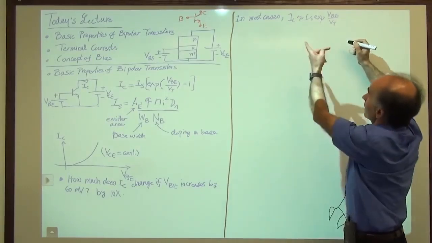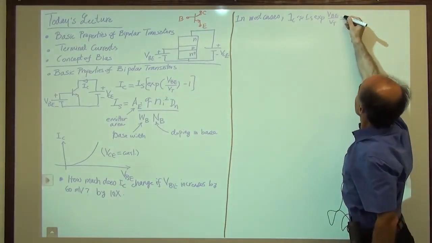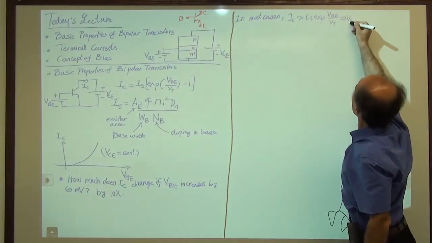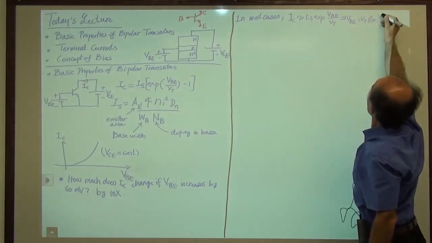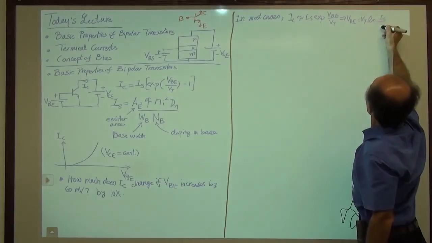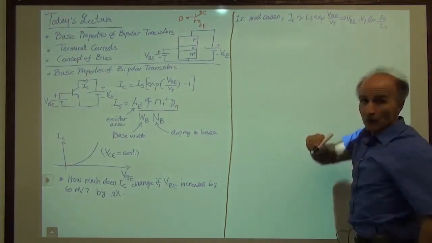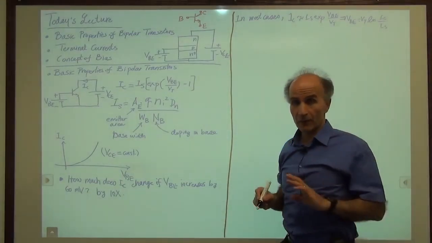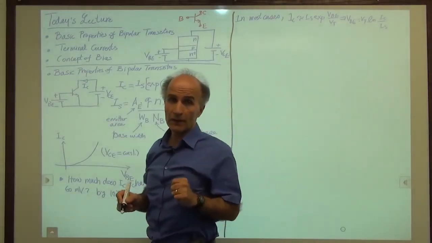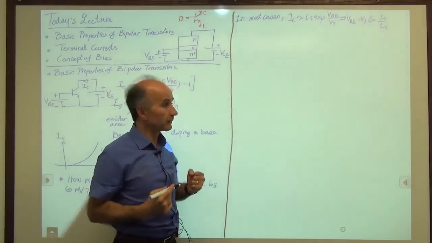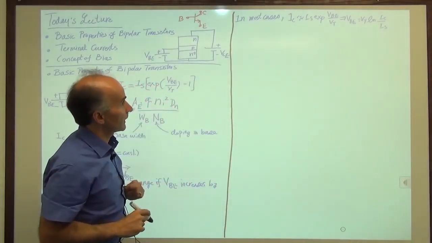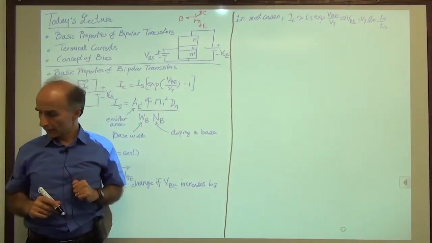If I turn this around, the base emitter voltage is equal to VT log of IC over IS. We need to memorize both of these equations. These are extremely critical, and you have to be comfortable with both. Okay, that's what we need to keep in mind.